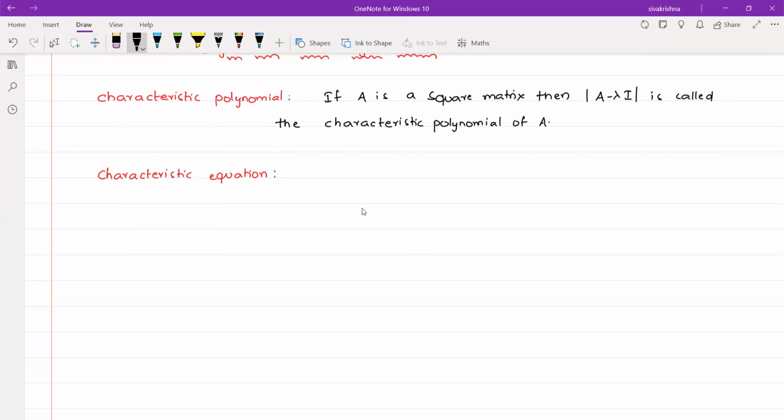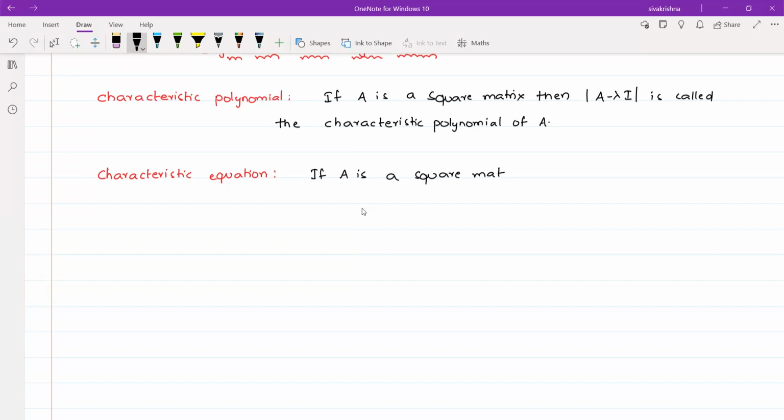Whenever a polynomial is equal to 0, we say that it is an equation. In the same way here, A should be a square matrix. In order to define a characteristic polynomial or equation, that matrix should be square, meaning the number of rows and columns should be equal.